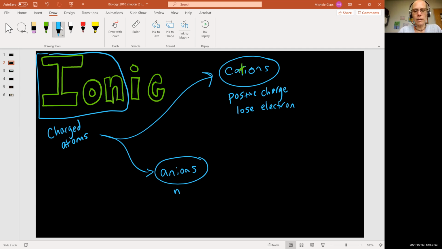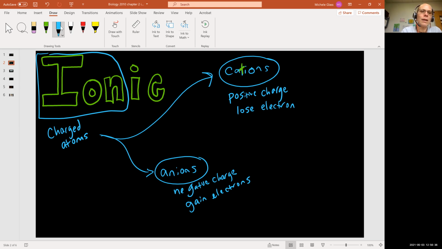An anion is going to have a negative charge, which means it's going to gain electrons. And so what we're seeing is in the formation of ions, an atom will lose an electron or gain an electron. Remember, that is going to be the only subatomic particle that would be involved here. You can't gain or lose protons because that actually defines that particular element.